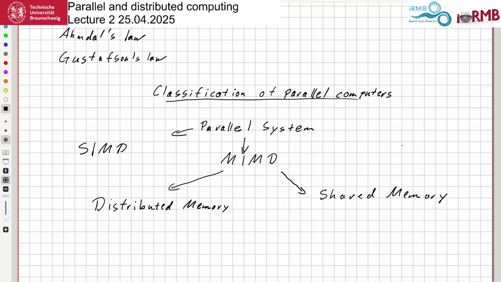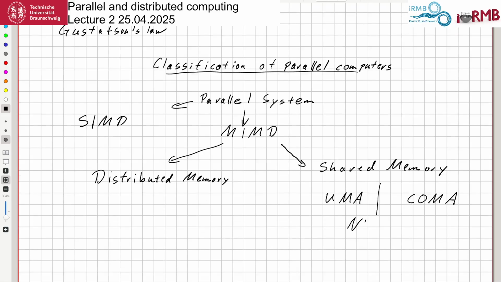Concerning the shared memory machines, we have already mentioned uniform memory access, which we call UMA. Then there is something we have not yet mentioned: COMA, cache-only memory access. Then we have non-uniform memory access. Actually, this is now very common.